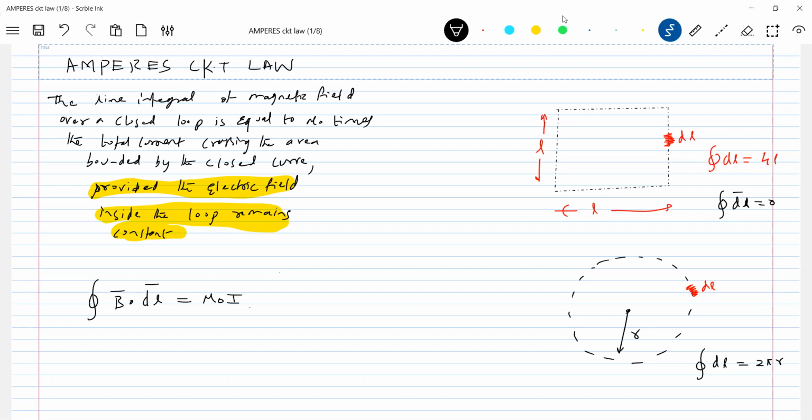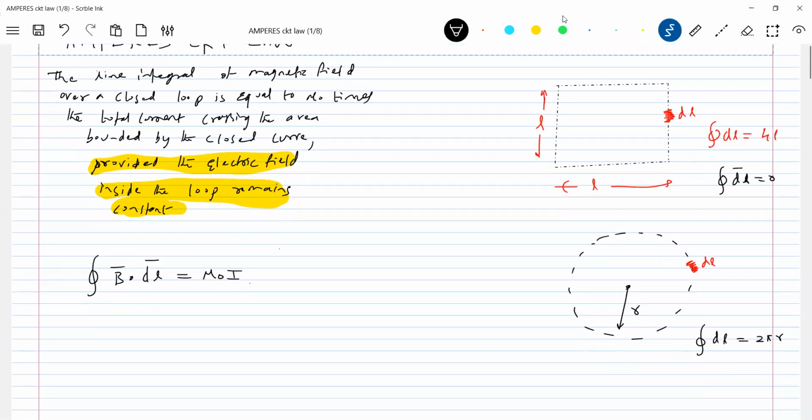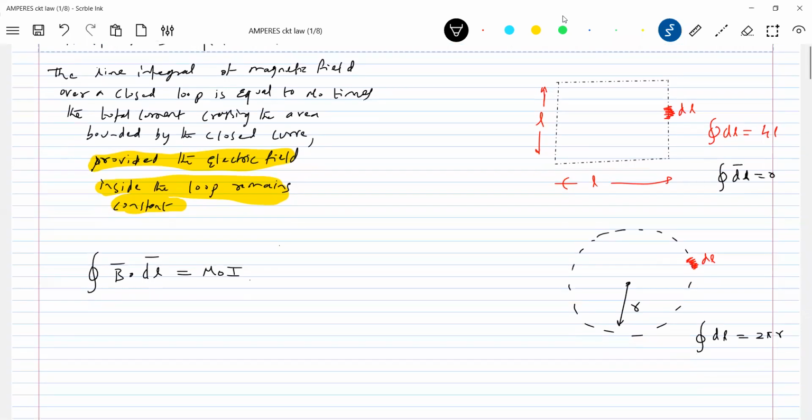So that's what in magnetic field, the line integral of magnetic field over a closed loop, because it is a closed loop, therefore we are putting the circle on the integral. So that's the meaning. Okay, we know what this B is. B is some sort of magnetic field. And what about I? The current enclosed by the plane curve.